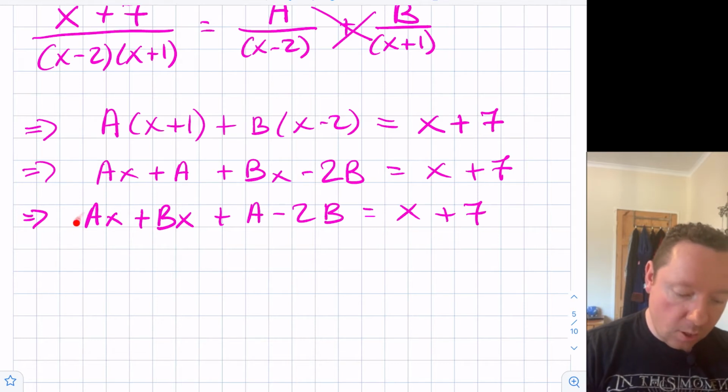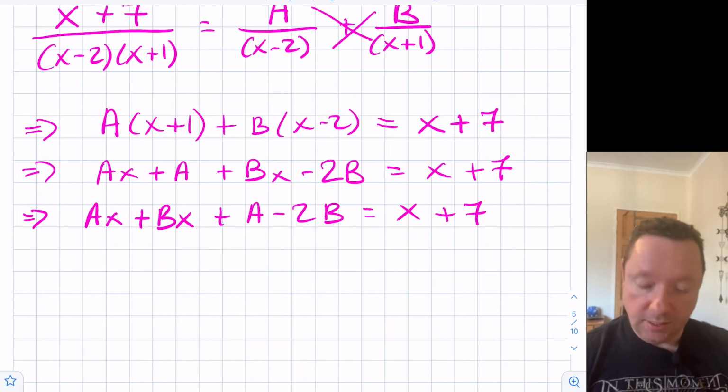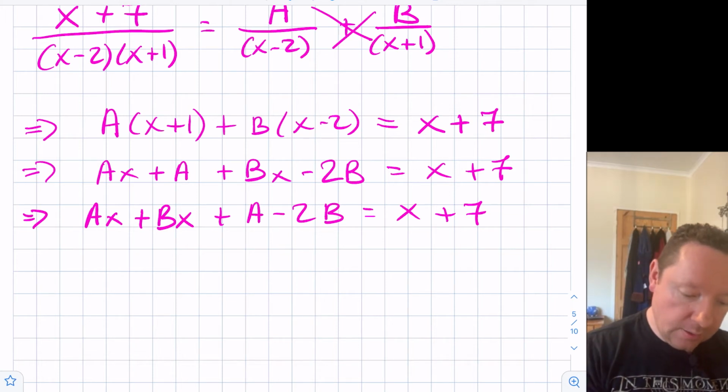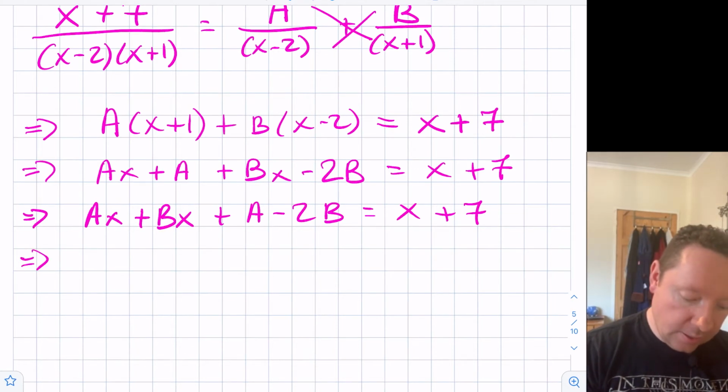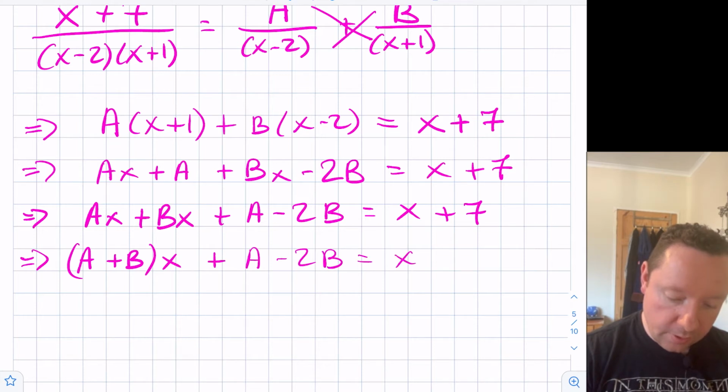Well, these x parts must go with this x. And this bit here, which will just be a number because there's no x's, must go with this number. Okay? So that means that, taking x out as a common factor, a plus b times x plus a minus 2b equals x plus 7.